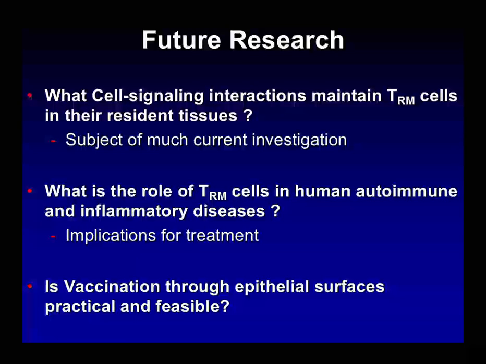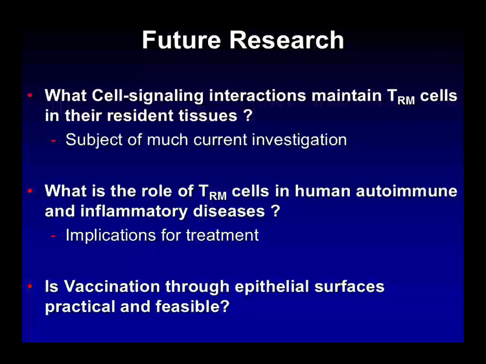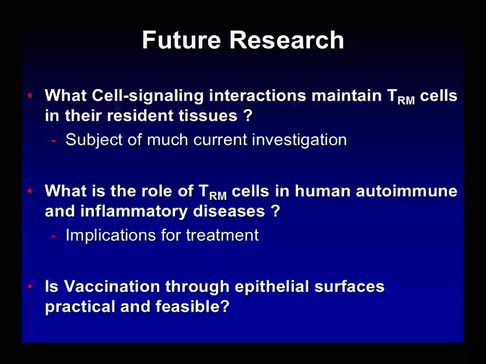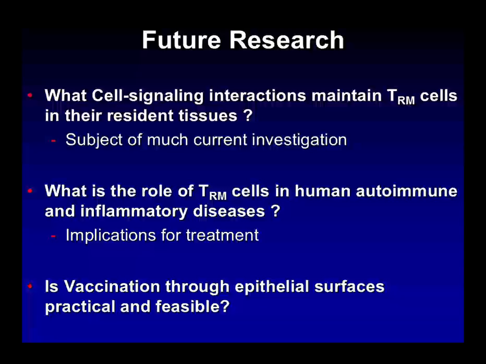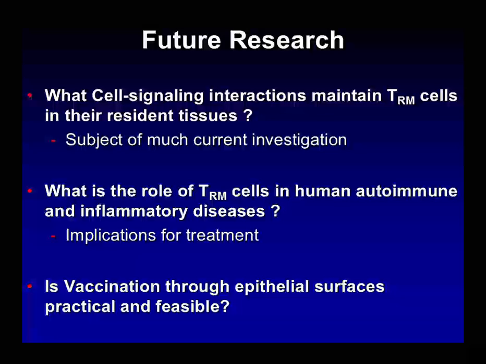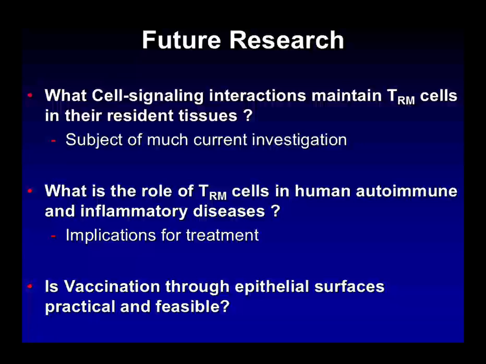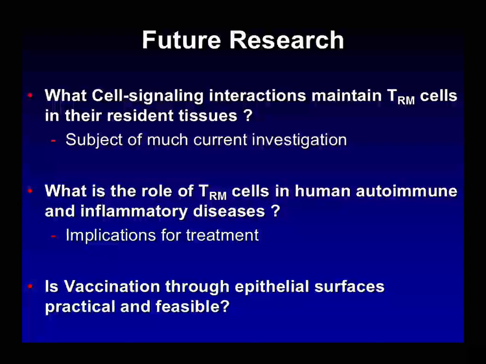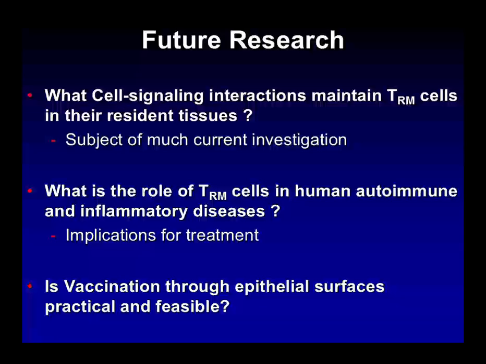So there is a lot of future research that obviously needs to be done concerning tissue-resident memory T cells. Currently, there is a lot of research concerning, in more detail, what the cell signaling interactions are that maintain these cells in their resident tissues.